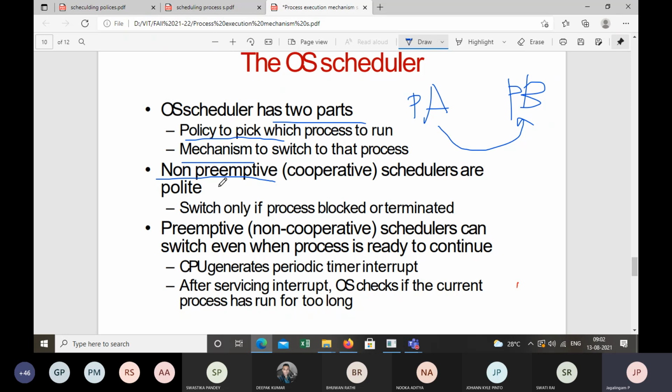What do you mean by this? Non-preemptive means no high priority task comes. Okay, good. Please read this sentence: switch only if the process is blocked or terminated. What do you mean by that? And these schedulers are polite.